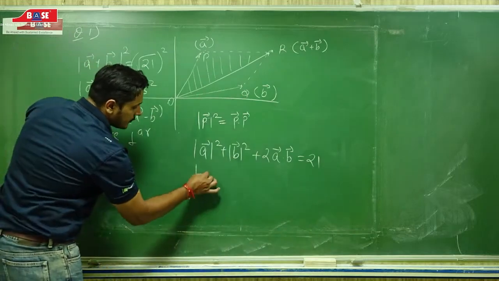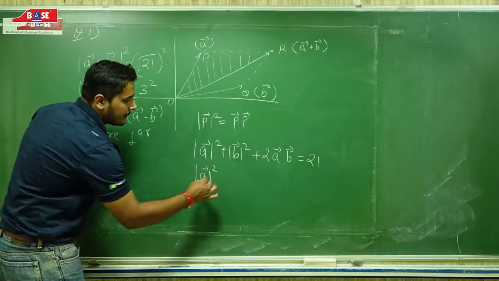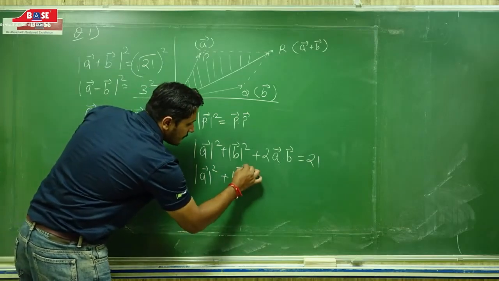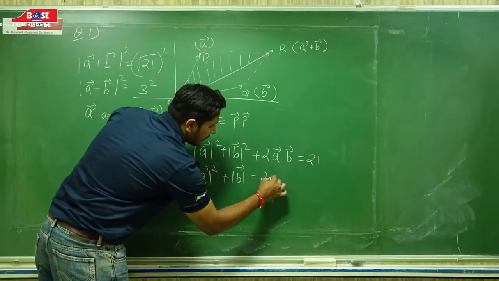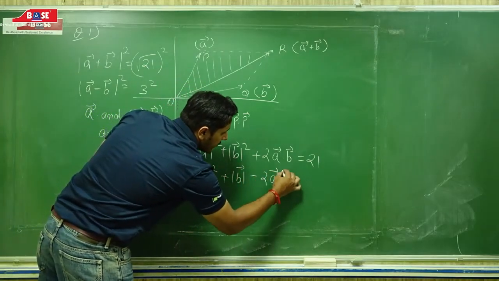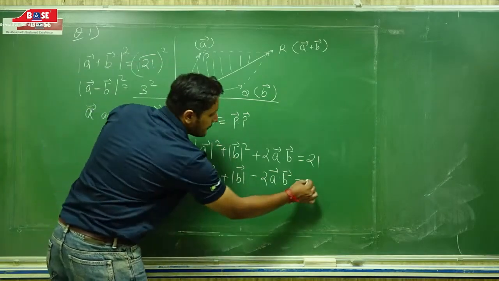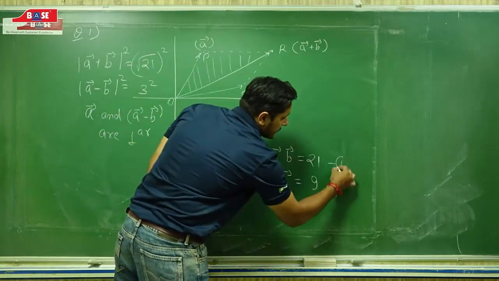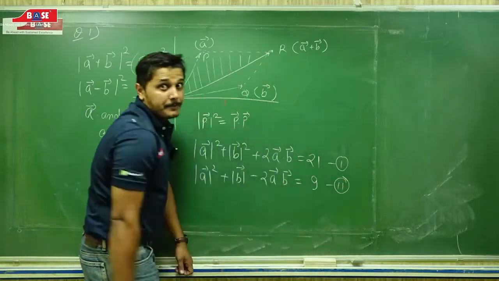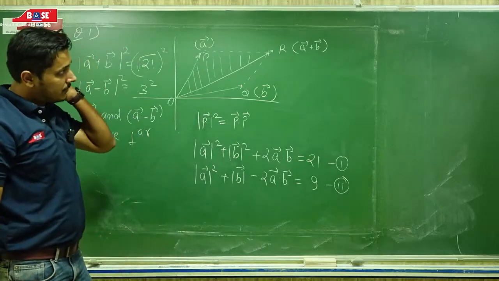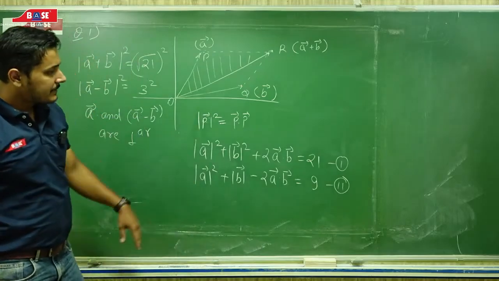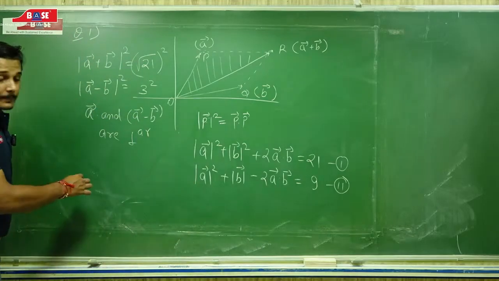Similarly, I am squaring this also. So this is going to be mode a square plus mode b square minus 2 times a dot b, which will become 9. So if I call this my equation 1 and this is my equation 2, so once let me add them and once let me subtract them.